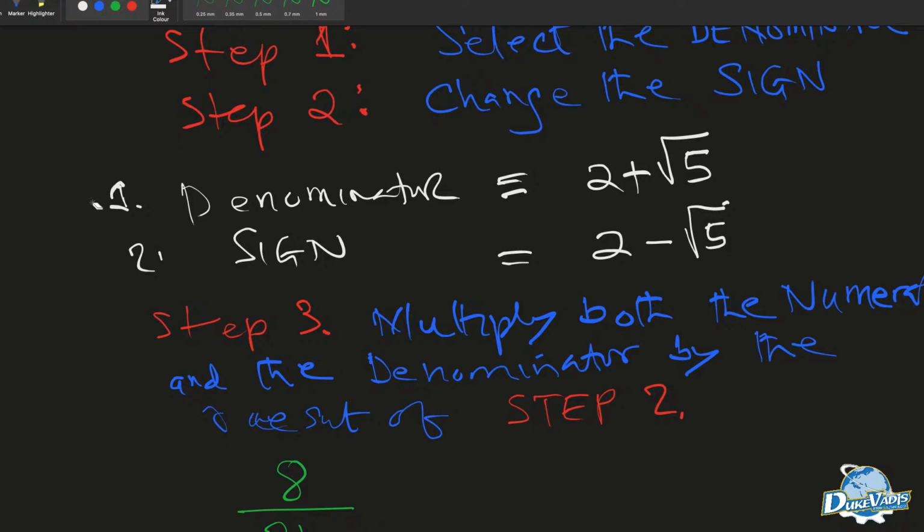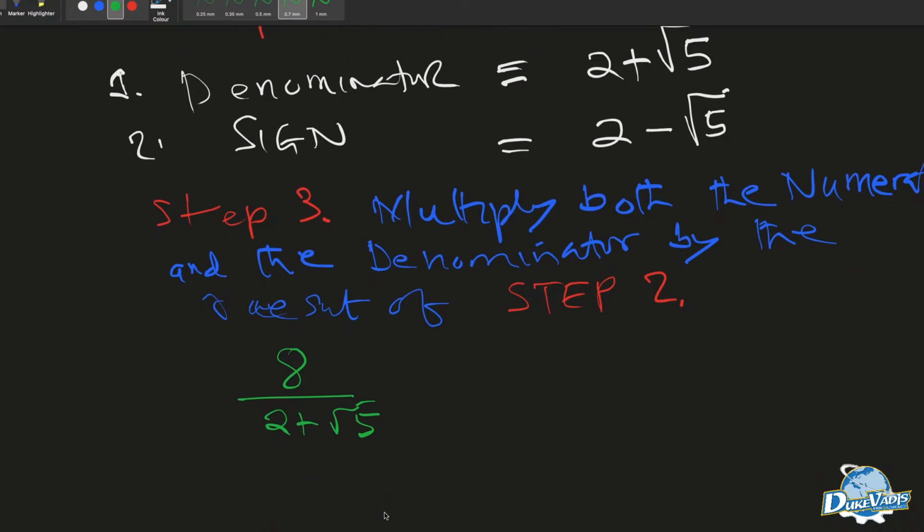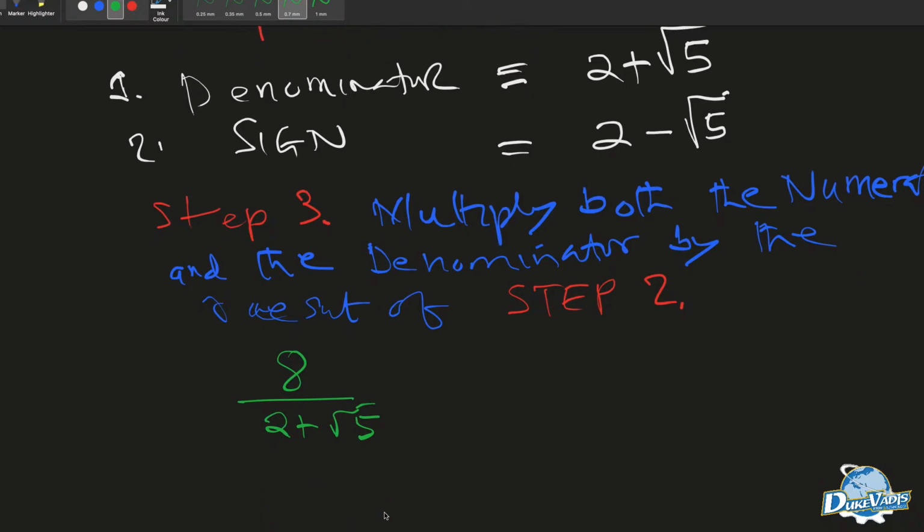Okay, so now if we take this question, our denominator, now we know the denominator. So we are going to multiply by the step 2 result, which is 2 minus √5 divided by 2 minus √5.